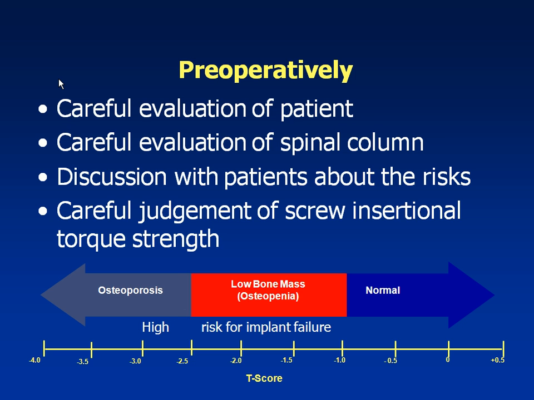There are some thoughts that for patients beyond -3.5 standard deviations, surgery may be contraindicated. Knowing the risks by using bone mineral density, we also have to carefully evaluate the spinal column and especially the deformity, and then discuss the risks with the patients very clearly.